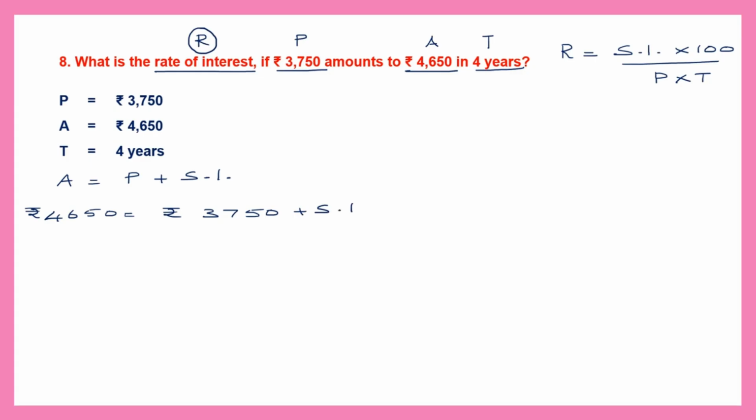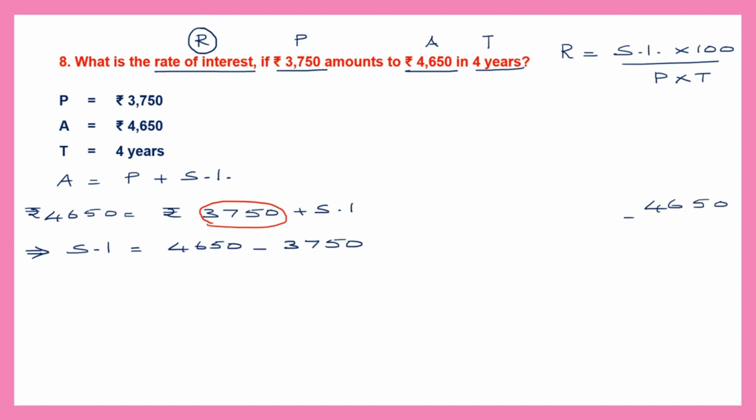So to find simple interest, we can use the linear equation method. To find simple interest, we say 4,650 is on the other side as it is. We're going to transpose this amount, which is addition, to the other side. So it becomes subtraction. So minus 3,750. So when we minus these two, we will get the simple interest.